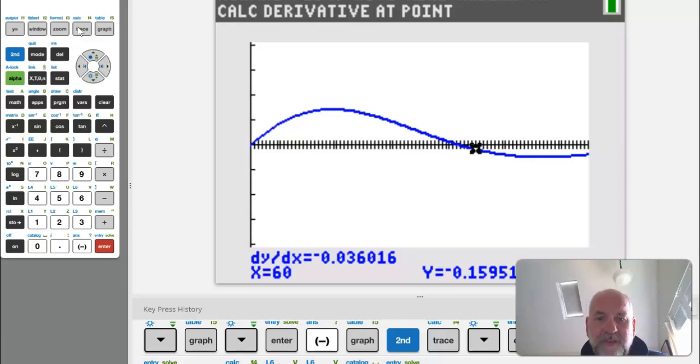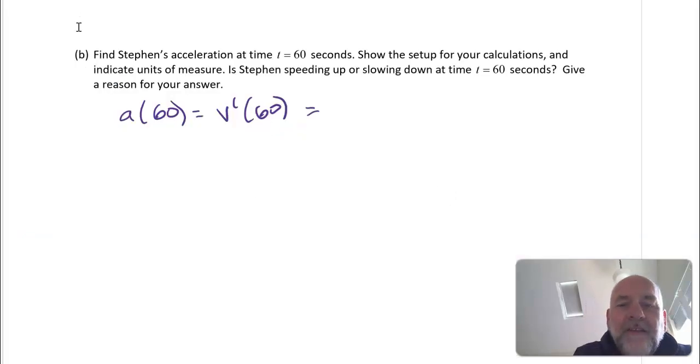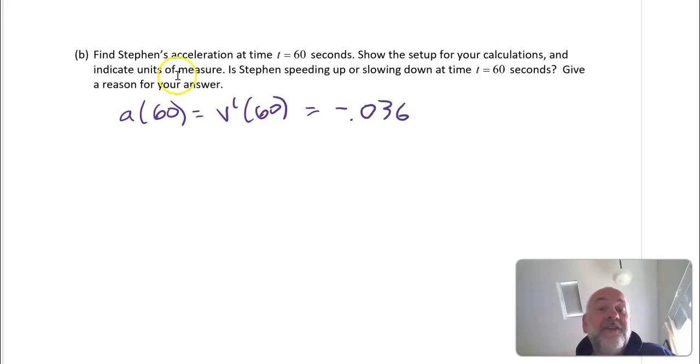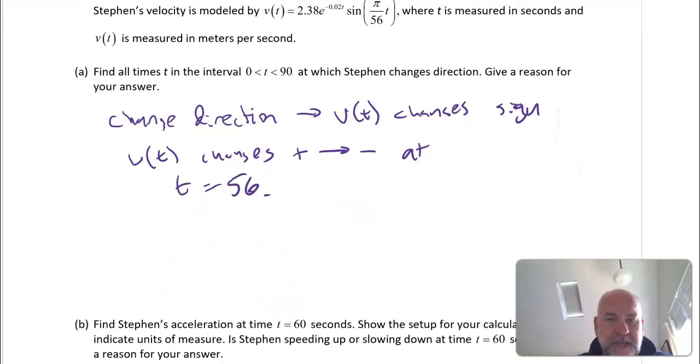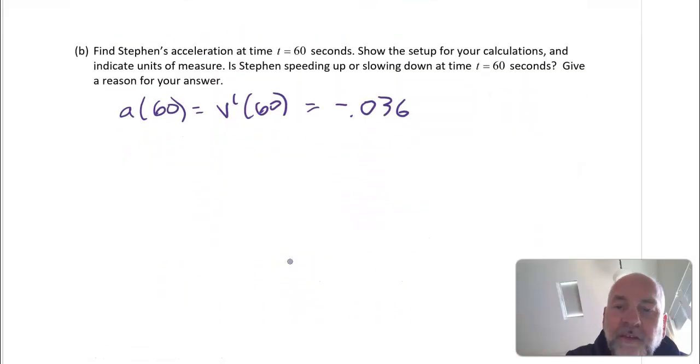Negative 0.036. Literally, that is all I need to do to show that I found it. I connected what I was given, which was velocity, to the question, which is acceleration. So I showed that connection, and you had to do that in some way to show that you were finding the derivative of the function up above. But literally, this was enough. And then it does say indicate units of measure. Velocity is meters per second, so acceleration is meters per second squared.